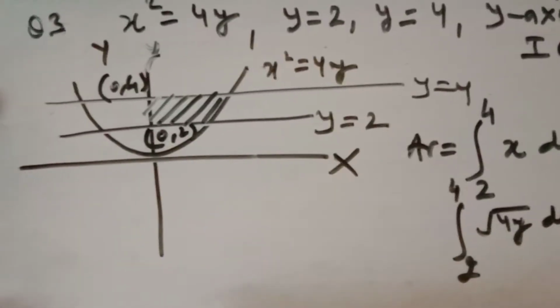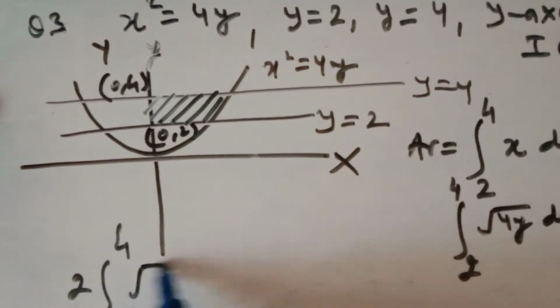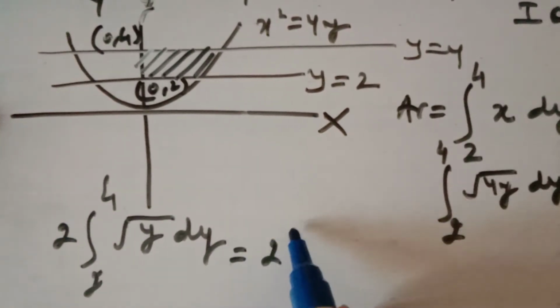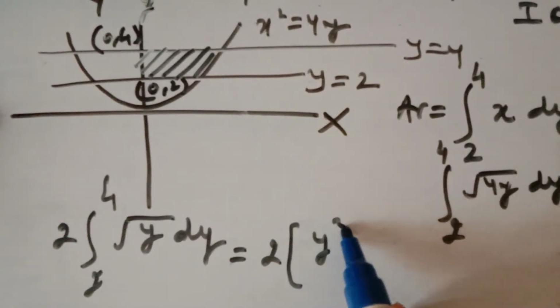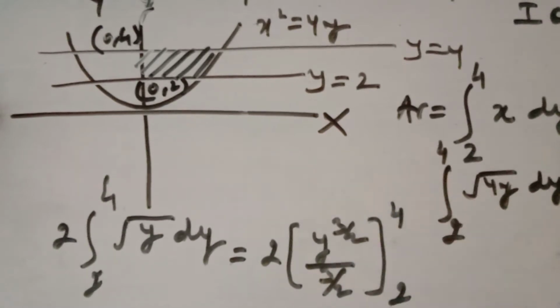So it will be 2 to 4, 2 root y with respect to y. You have to integrate this. So simply integrate it. It is y raised to power 3 by 2 upon 3 by 2, limit from 2 to 4 again.